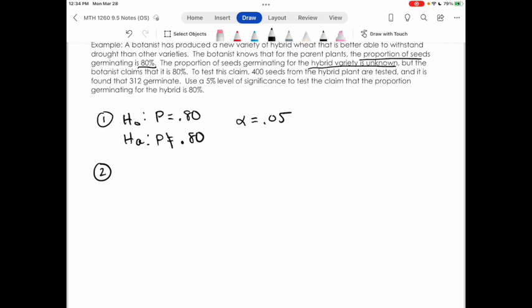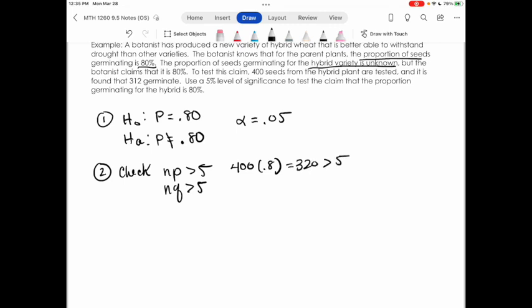In step 2, we're going to determine the distribution that we're going to use and our test statistic. Because we're dealing with proportions, we want to check to see if we can approximate it with the normal distribution. So we need to check if n times p is greater than 5 and if n times q is greater than 5.